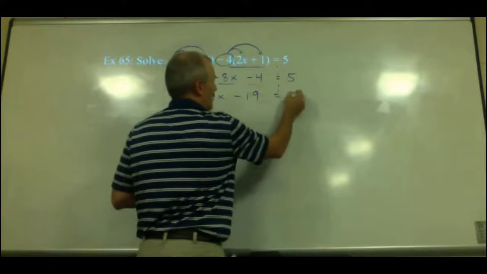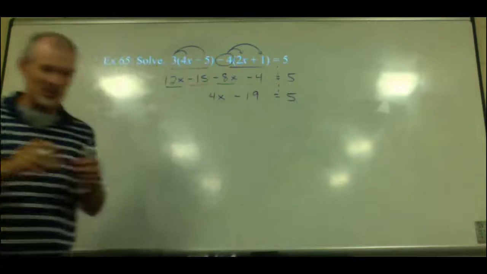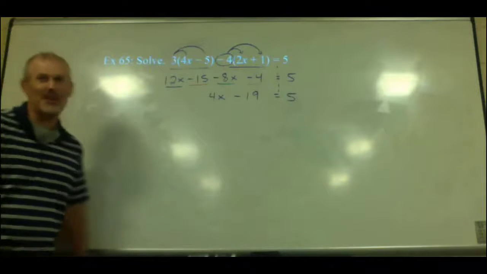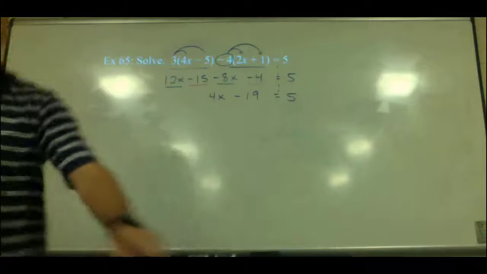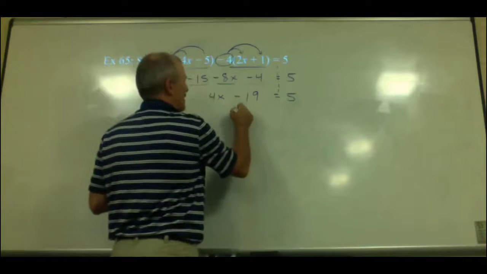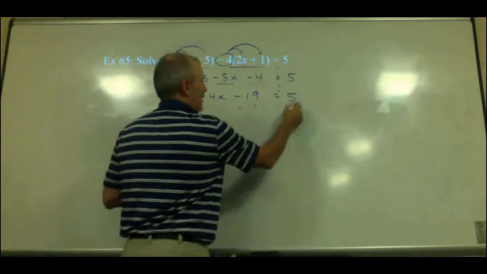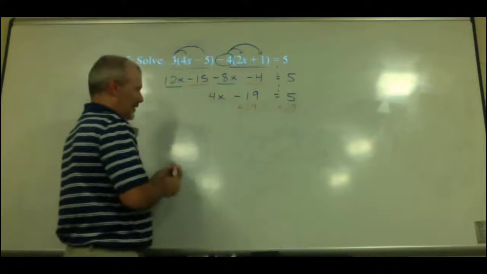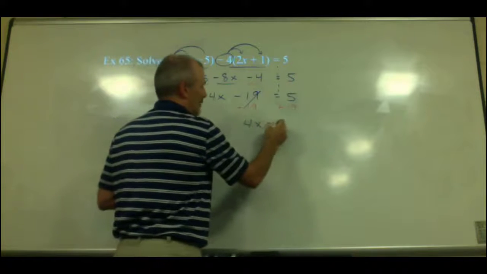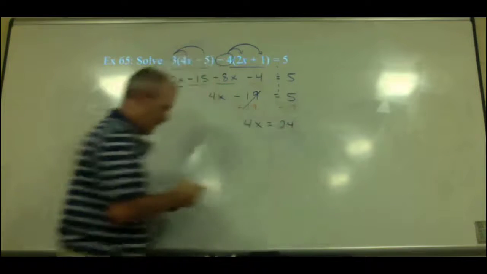Equals 5. And now, once again, we're down to a 2-step equation. Our second favorite. 1-step equations is our favorite, right? 2-step is okay. So what are we going to do next? Yeah, we've got to get rid of the 19. So we add 19. That's correct. And cancel to be a 0. And we have 4x equals 24.